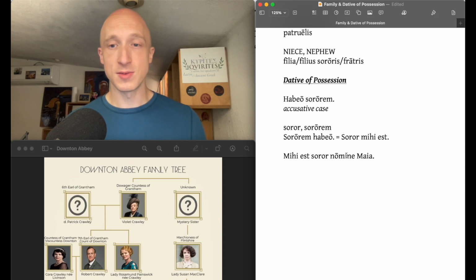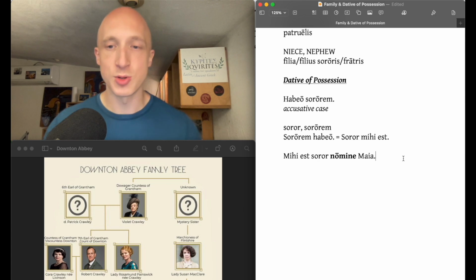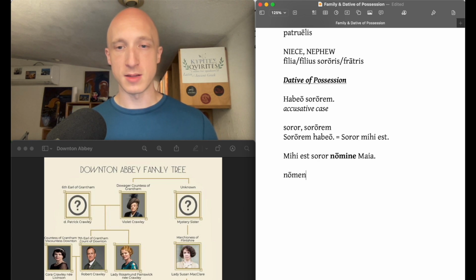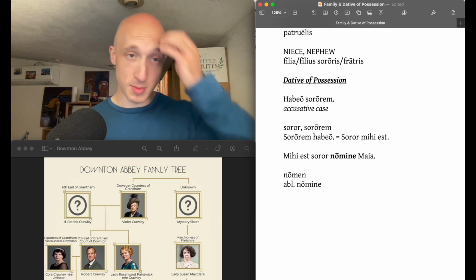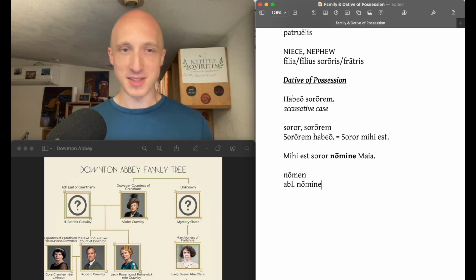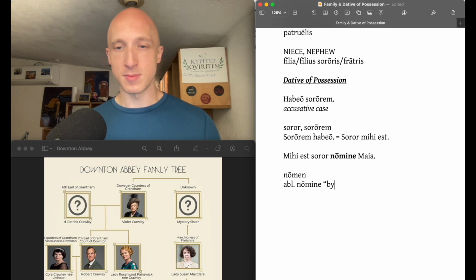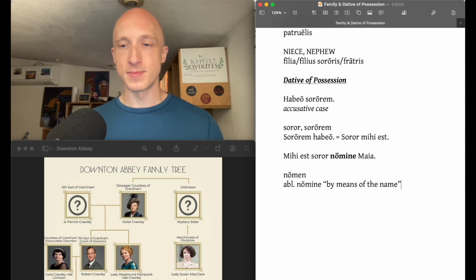And we can also keep it super simple with this lovely little word, nomine. So nomen is name, and the ablative form is nomine. The ablative is wonderful because it has lots and lots of functions. So nomine literally means by means of the name, or something like that.